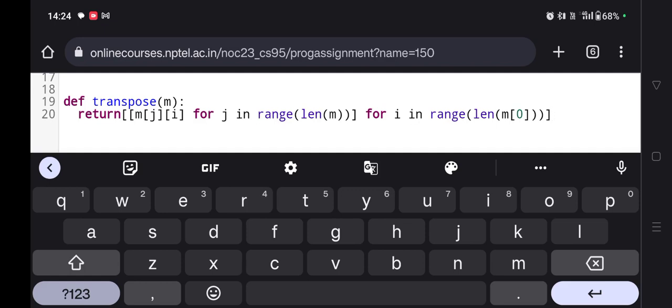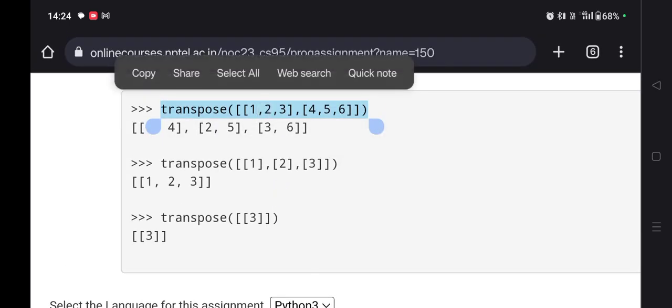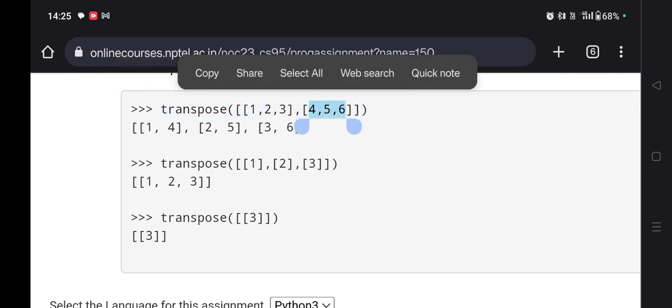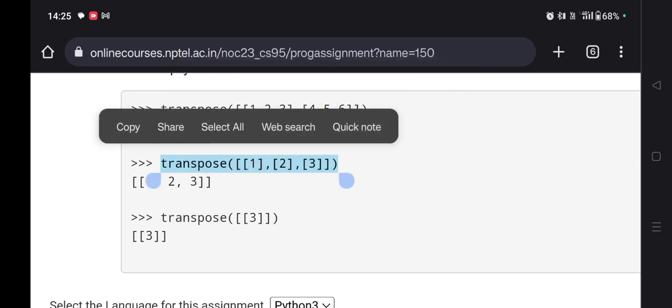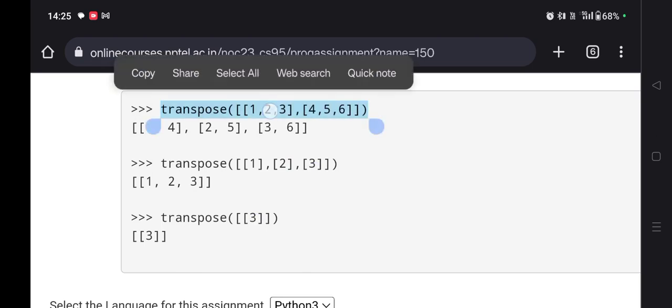After that we have written M[0]. What is the meaning of M[0]? We will explain. M[0] is the first list, 1 2 3, with a total of 3 values, and the second also has 3 values. Same thing here. So how many elements are in the first list? 3.